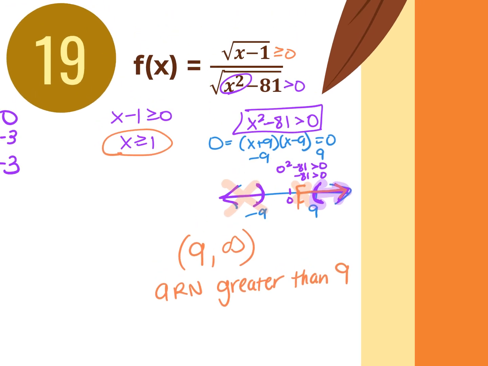Now, when I say all three overlap, I mean the first statement is going to be the or statement. It's this or that. But then this with that is an and statement. So I really only want where the orange and the purple overlap, which is over here. And that's why it's 9 to positive infinity.